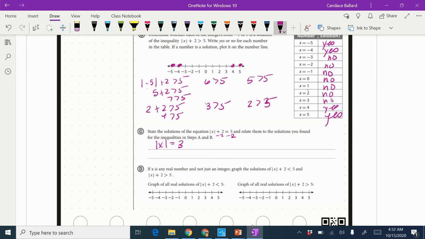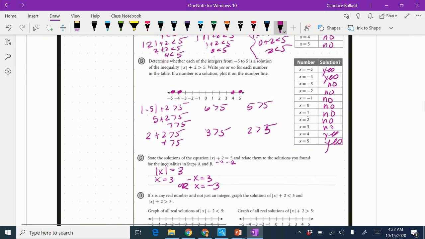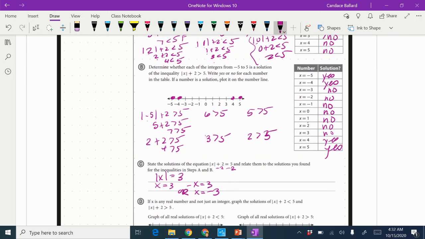And then remember, we split it into a positive expression and a negative expression. And then I divide that negative to the other side. And remember, we put the word or in between it because it's a disjunction. And you'll notice that it was equal to -3.